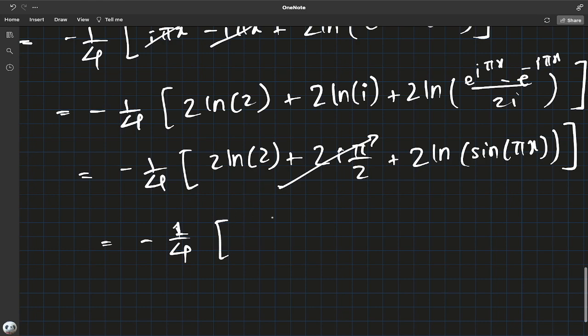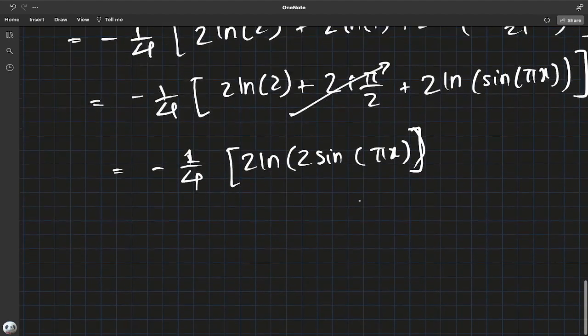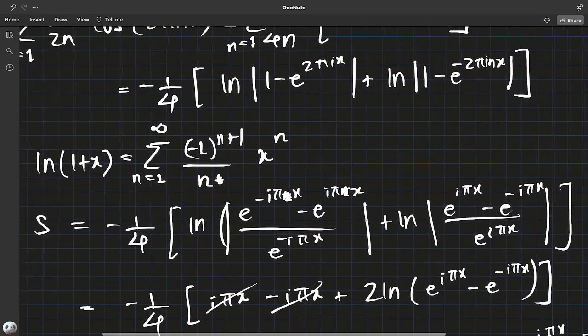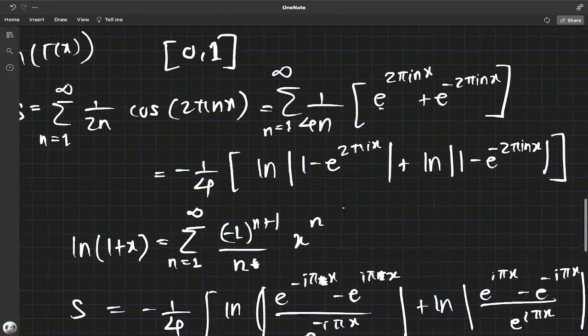Minus 1 over 4, and we can club this up to be natural log 2 times natural log of 2 sine of pi x, negative 1/2 natural log of 2 sine of pi x. But notice what we had before.